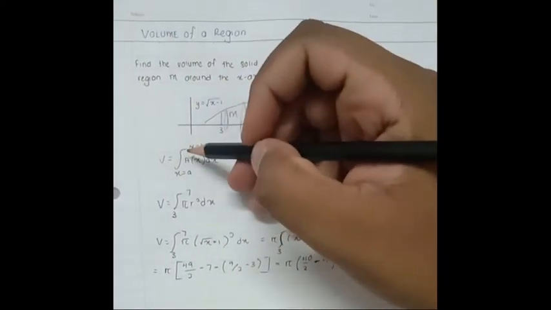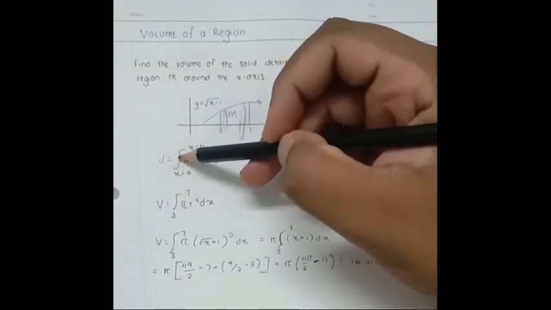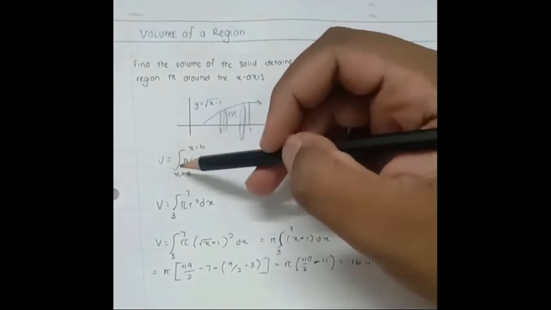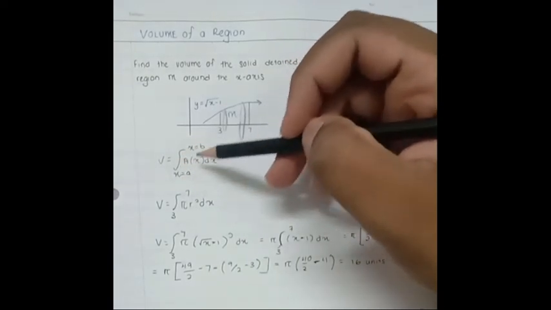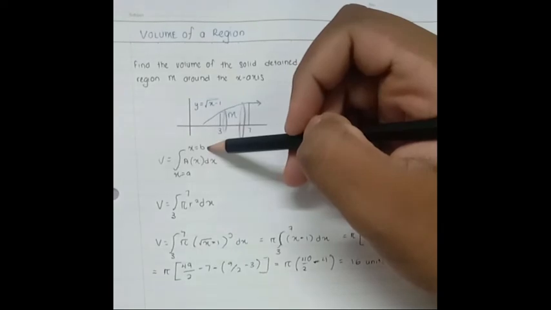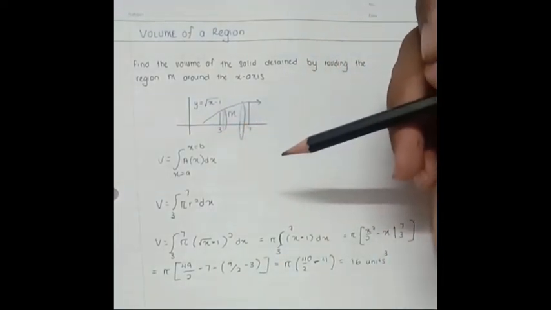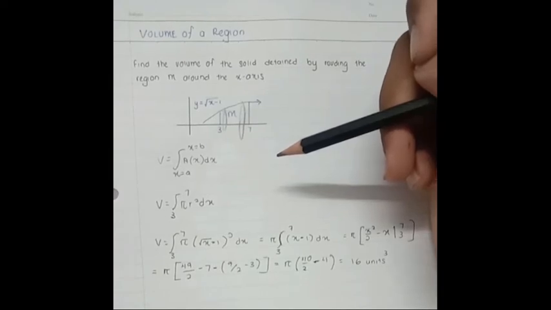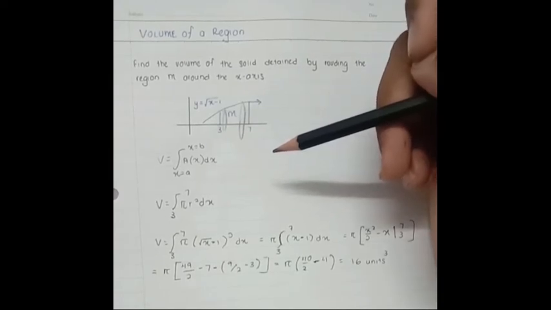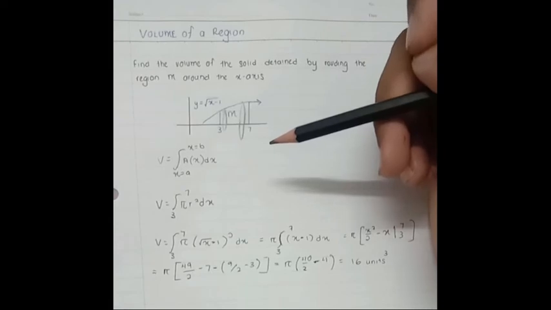So our general form is volume equals the integral from x equals a to x equals b, because we're revolving around the horizontal axis, so revolving vertically we're going to make a cross section. That's why we need everything in terms of x.